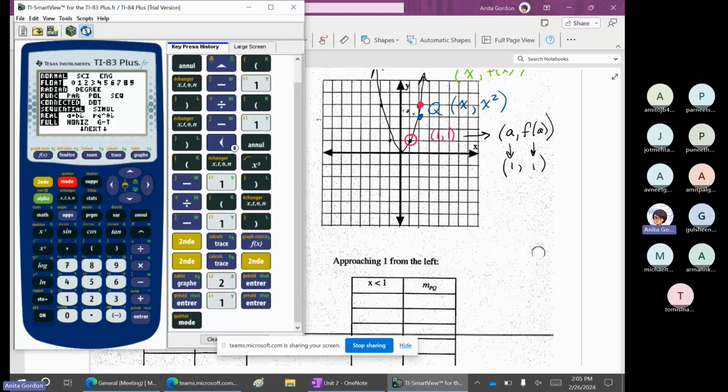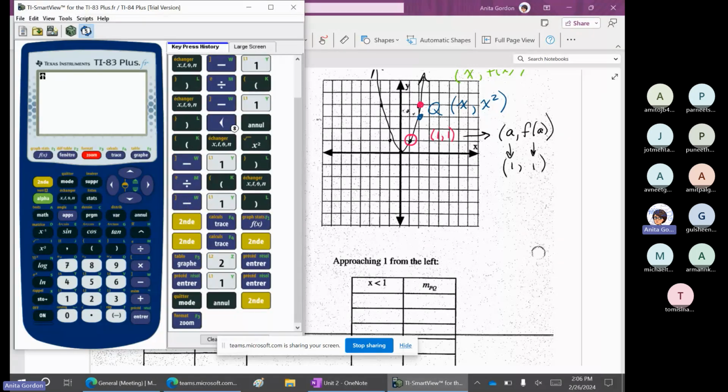Where is my, oh, this is in French. That's why I'm having trouble. Sorry, guys. I've forgotten how to change the thing to ask. I did this with you last week. Sorry. Somebody remind me how I did it.